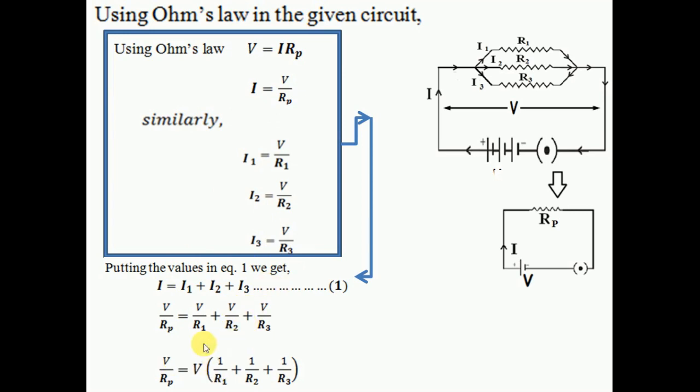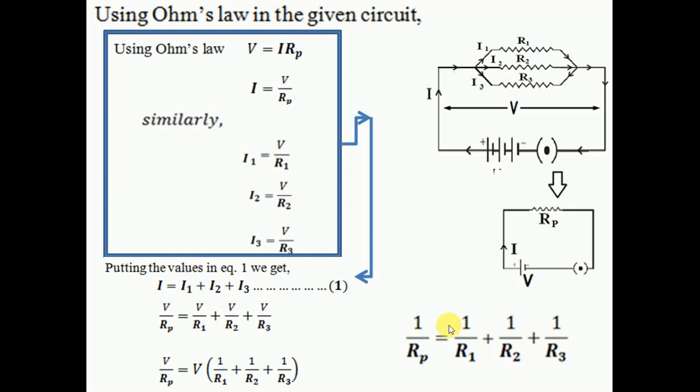And out here you can see V is common, so if I take V common, you are left with 1 by R1 plus 1 by R2 plus 1 by R3, and this V on the left is the same, so you can cancel V and V. So you are left with 1 by Rp is equal to 1 by R1 plus 1 by R2 plus 1 by R3. So this is the final expression.